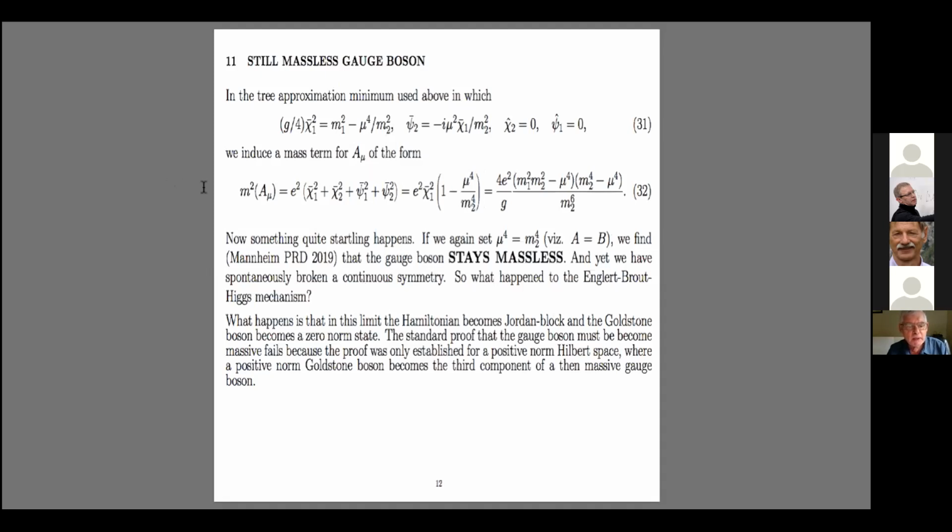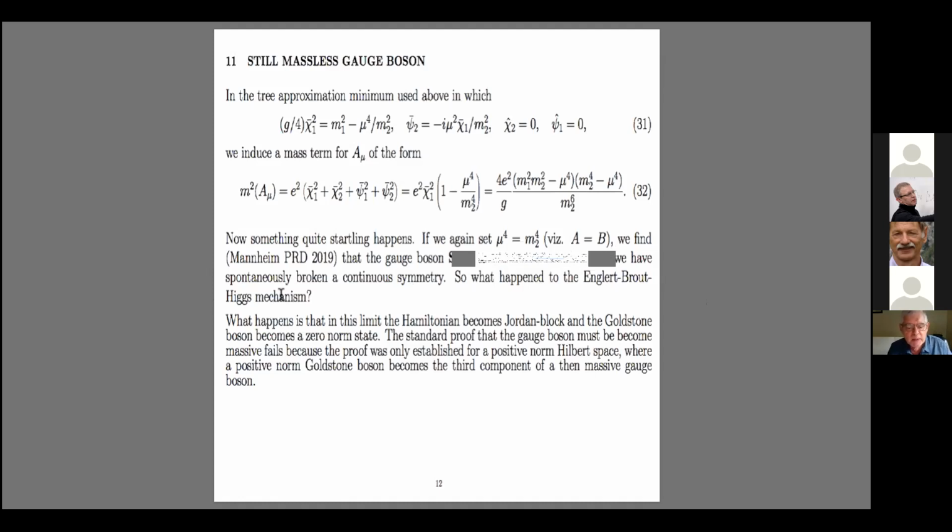And what happens is that the gauge field stays massless if mu to the 4 is m2 to the 4. So we have spontaneously broken a local gauge theory, and yet we've produced a gauge boson that stays massless, even though we've broken a continuous symmetry. So what happened to the Englert-Brout-Higgs mechanism? Where did it go?